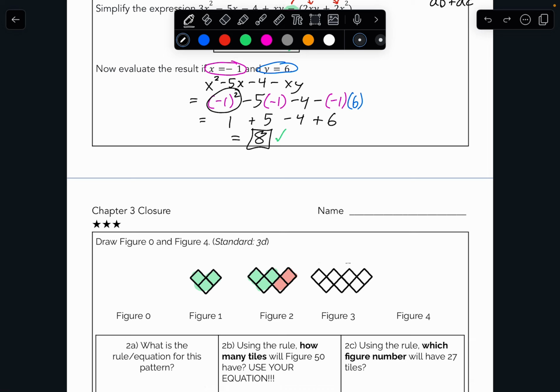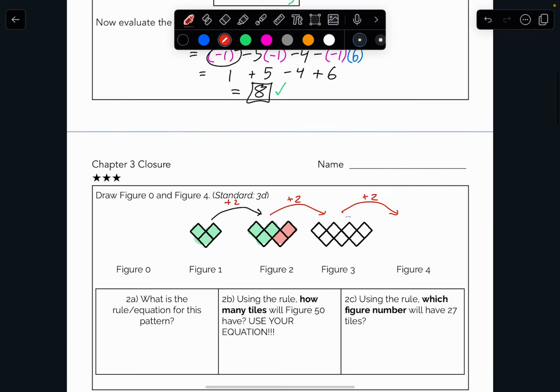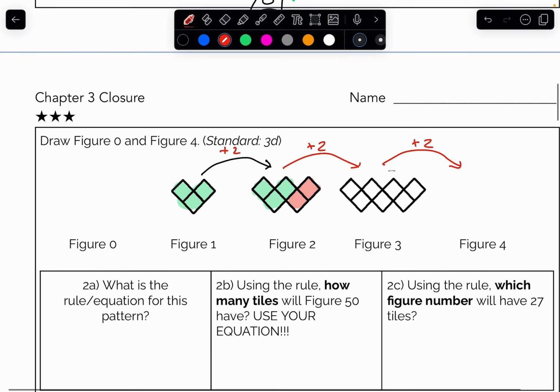It's adding 2 every time, right? If I keep going right, it's adding 2 and adding 2 more. So if I go backwards, I'm going to need to subtract 2. If I get rid of these 2 pieces, I'm only left with 1.